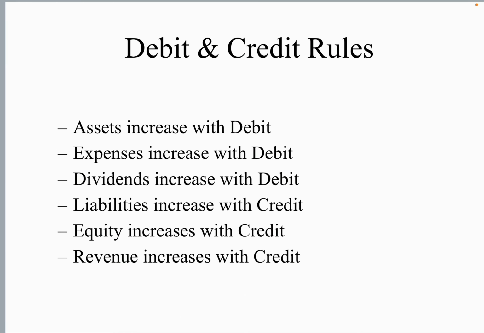Debit and credit rules. Alright, that's the golden rule of journal entries. If you understand this, accounting becomes easy. Assets increase with debit. Expenses increase with debit. Dividends increase with debit.